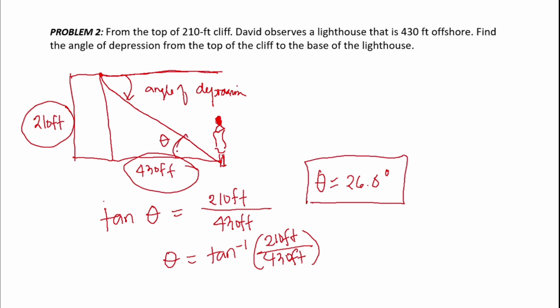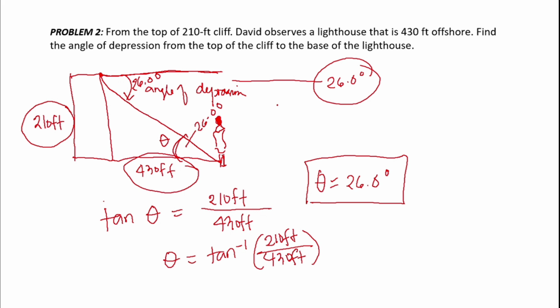Since this is theta and alternate interior angles are equal, this is 26.0 degrees and this is 26.0 degrees. So the angle of depression is 26.0 degrees. That's problem number 2.